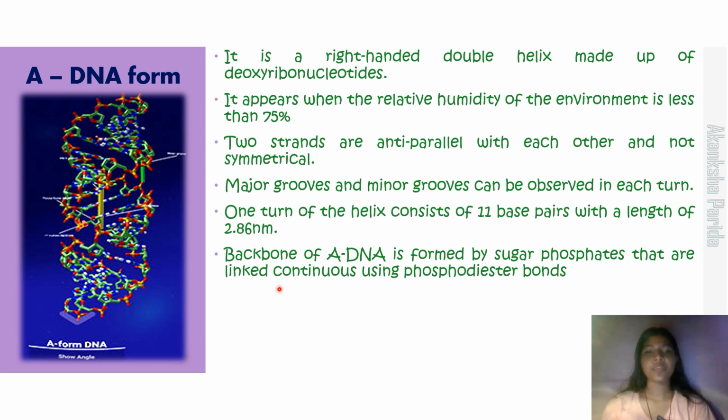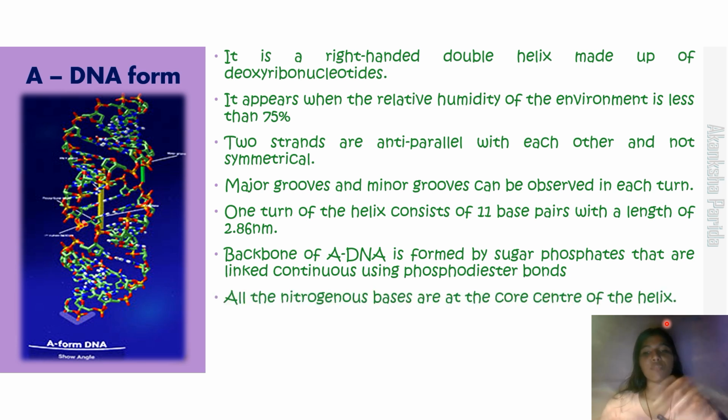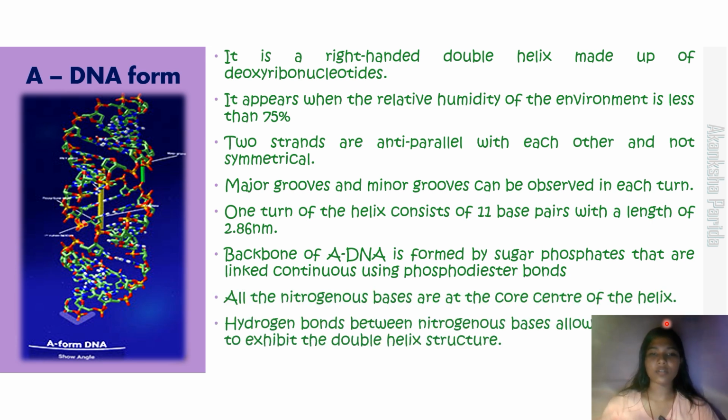The backbone of A-DNA is formed by sugar phosphates that are linked continuously using phosphodiester bonds. All the nitrogenous bases are at the core center of the helix. Hydrogen bonds between nitrogenous bases allow the molecule to exhibit a double helix structure.